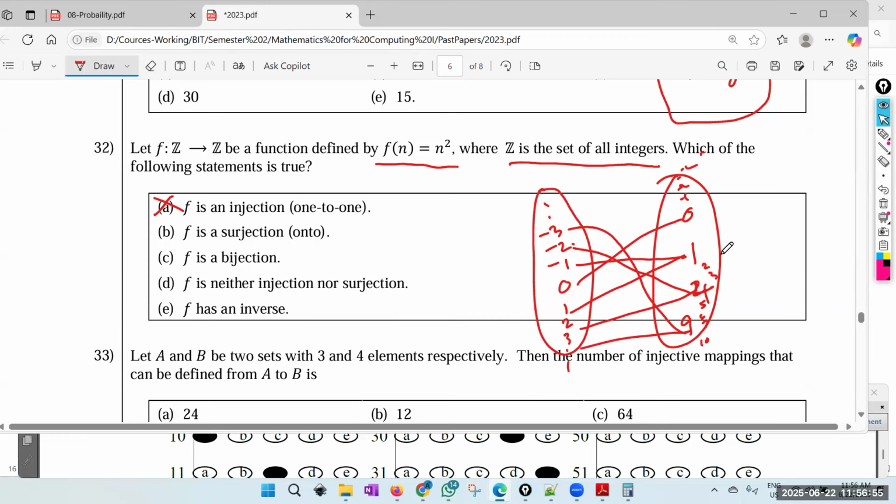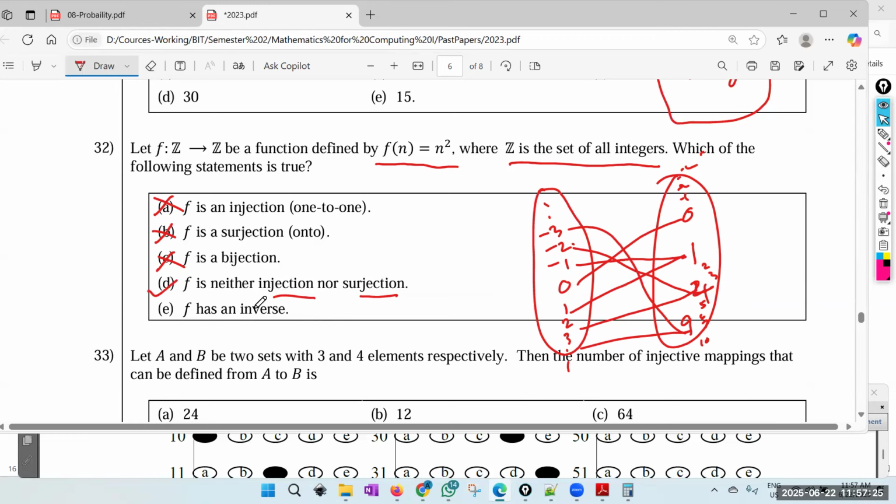No, because there are some unmapped values, like 2 is not getting mapped. 3, and any negative numbers, because integers is your set. So therefore, it is not an onto function. If it is not injective and not surjective, it is not bijective. f is neither an injection nor a surjection. Correct.